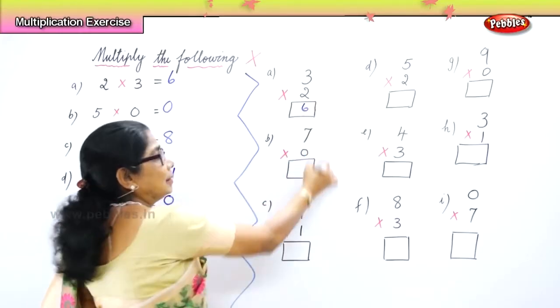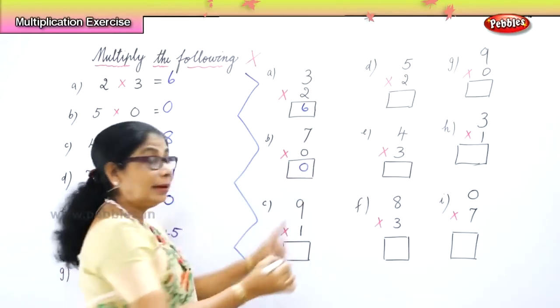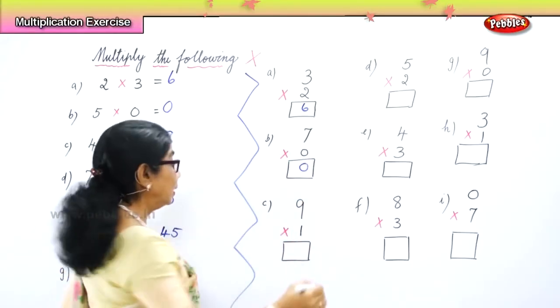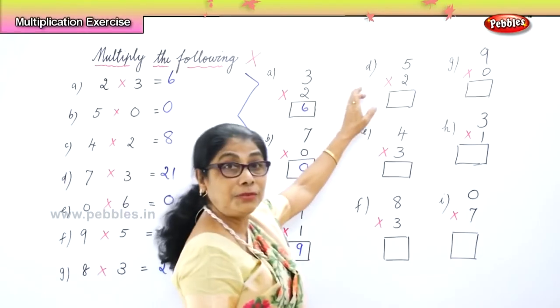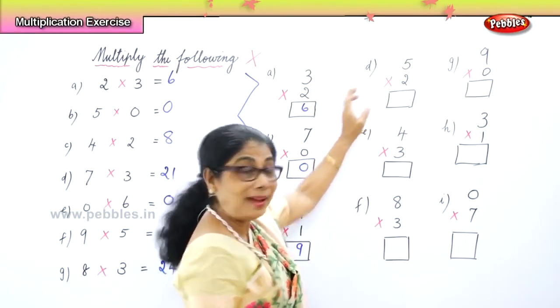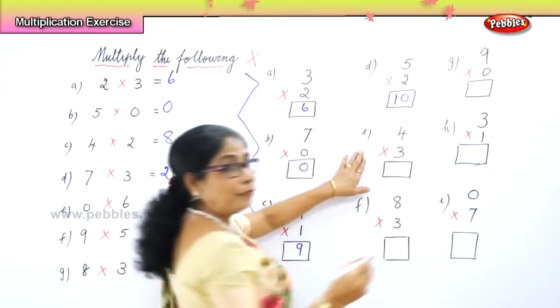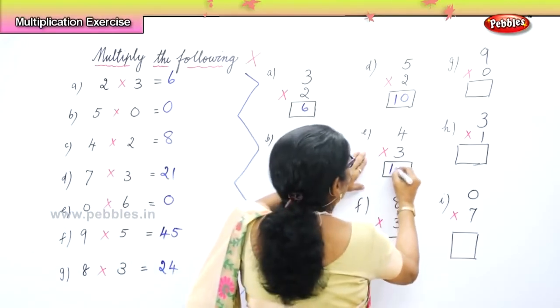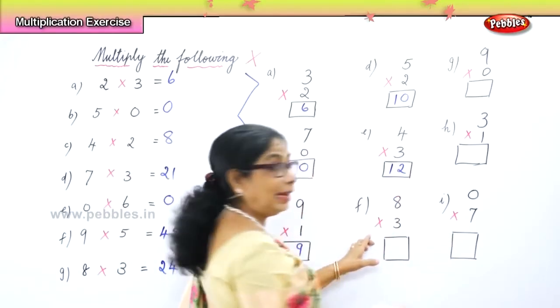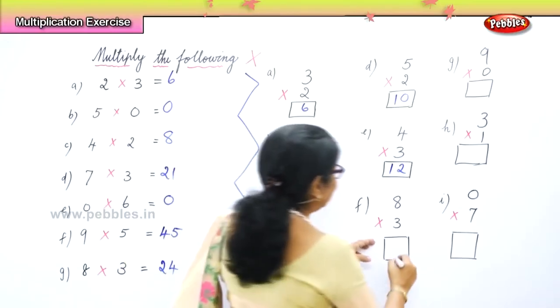Good. 7 into 0 is 0. 9 into 1 is 9 itself. 5 twos are 10. Very good. 4 threes are 12. 8 threes are 8 plus 8 plus 8, 24.